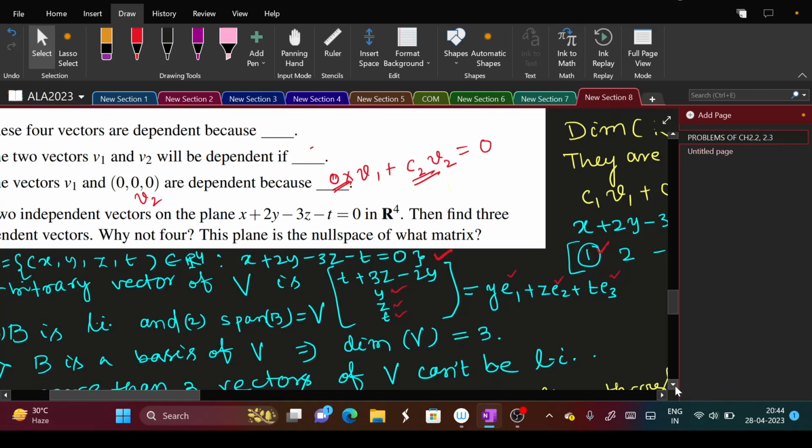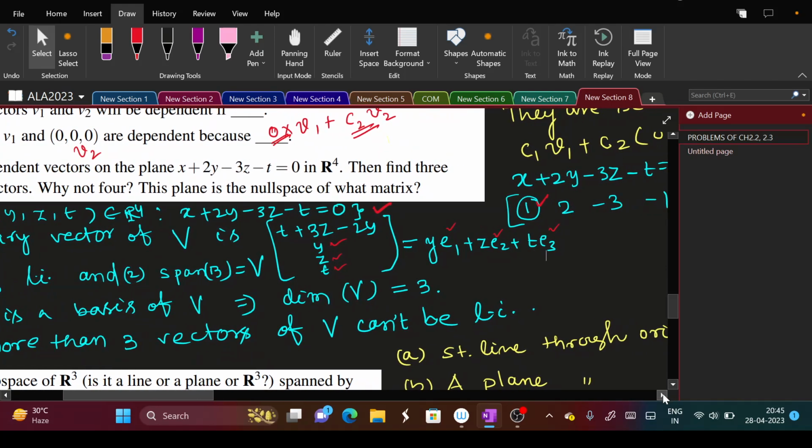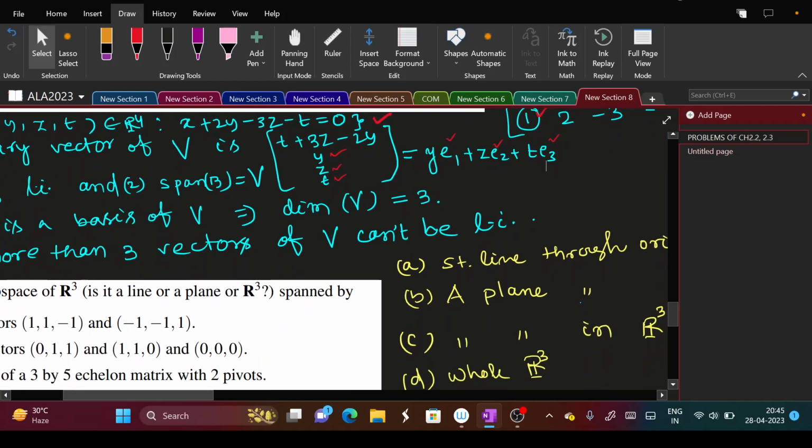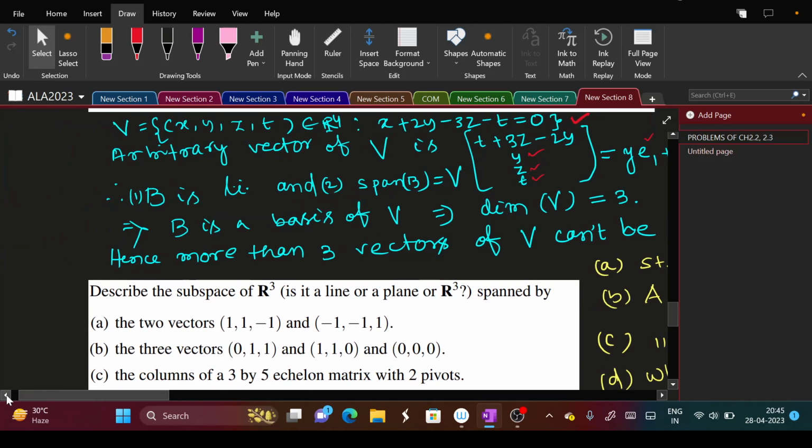As the dimension of V is 3, more than 3 vectors cannot be linearly independent. They will always be linearly dependent. Hence 4 vectors in V, or any more than 3 vectors in V, cannot be linearly independent. So here 4 vectors were considered.